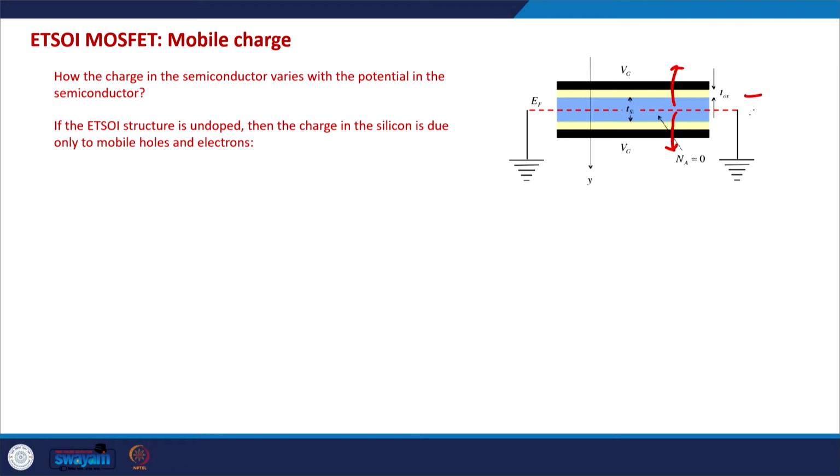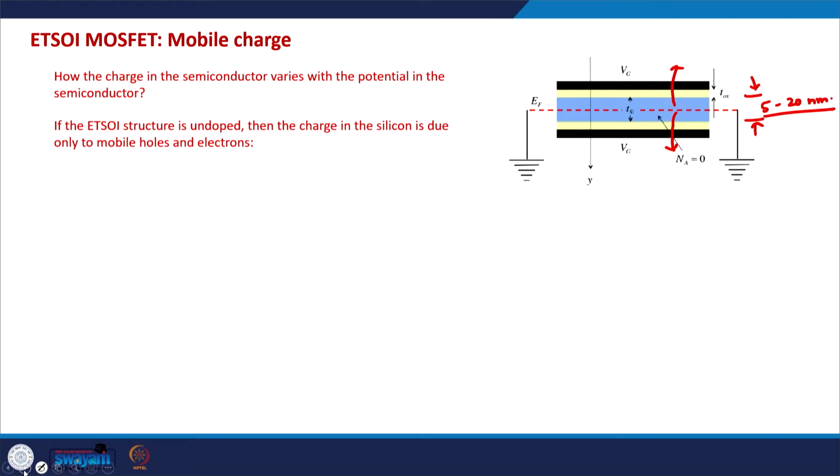Typically the thickness of this silicon layer is around 5 to 20 nanometers. So the total semiconductor charge can be considered to be divided in two components. Half of the charge is mirrored by the upper gate, half of the charge is mirrored by the lower gate.